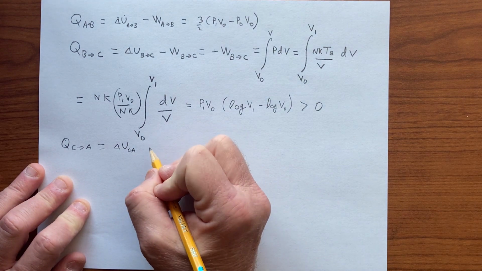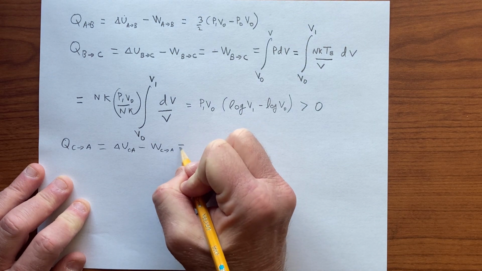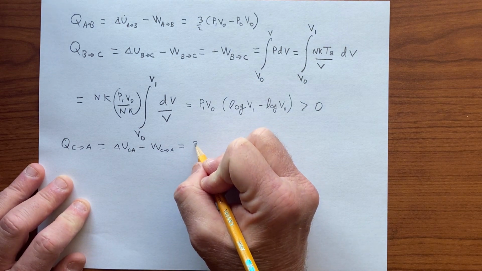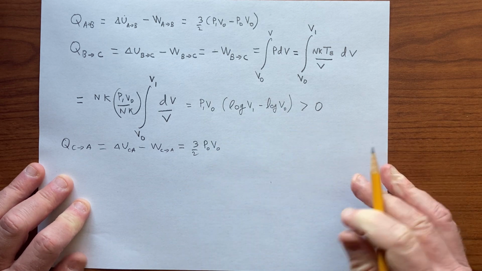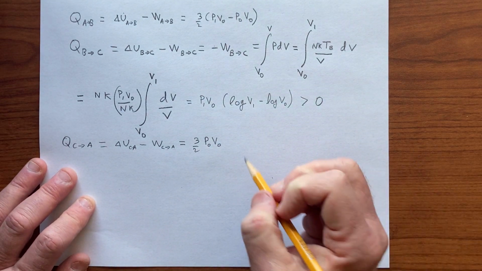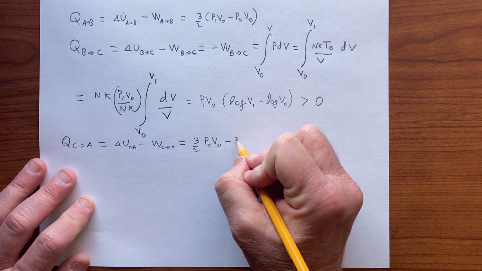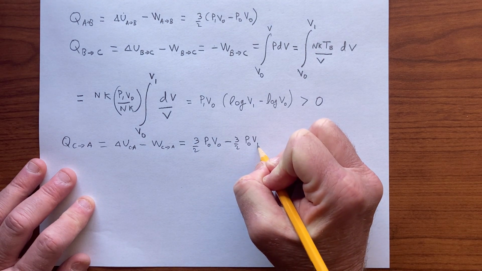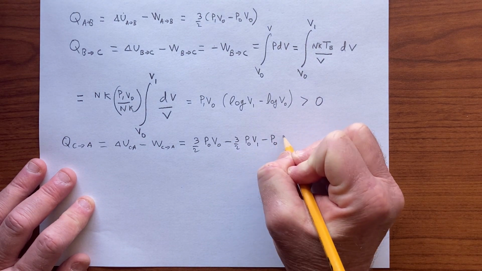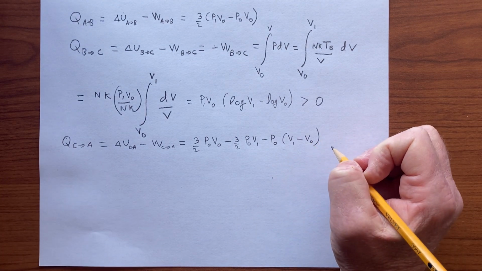Okay, so now we have Q C to A is equal to delta U C to A minus W C to A, and that is 3/2 P naught V naught minus 3/2 P naught V1 minus P naught times V1 minus V naught.